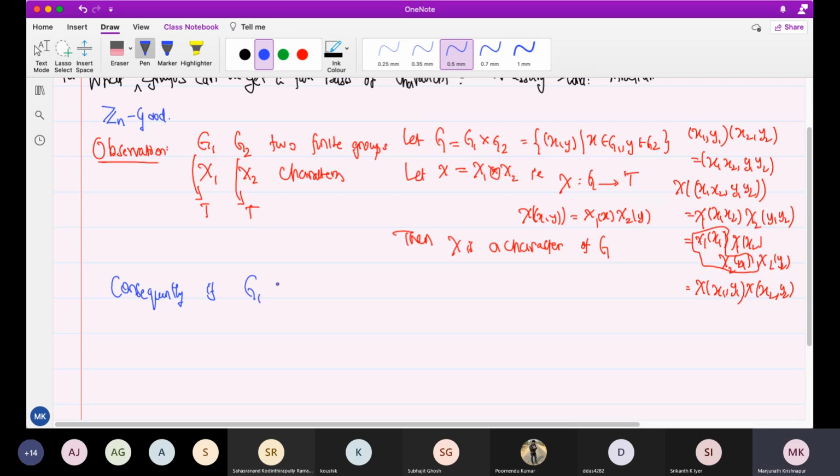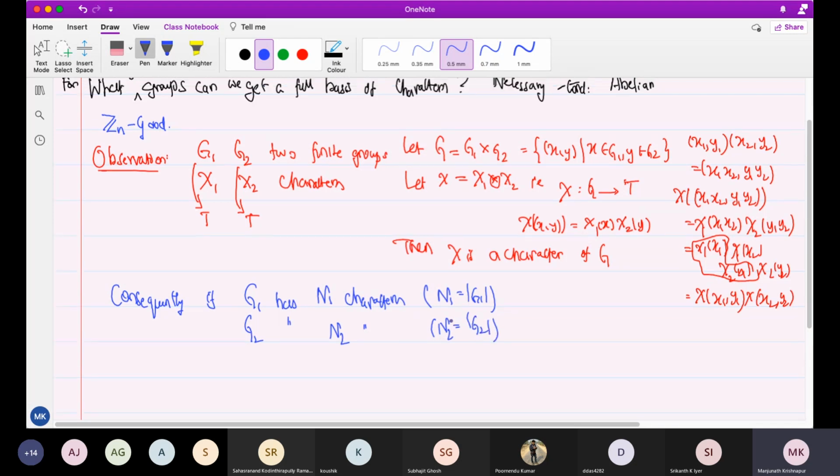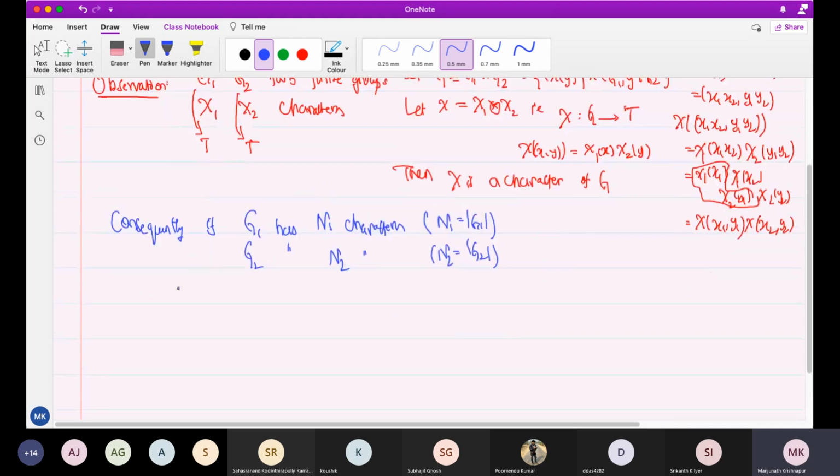If G1 has N1 characters, so N1 is the size of G1, and G2 has N2 characters where N2 is the size of G2. Suppose G1 and G2 are good groups in my sense, that is, they have a full basis of characters. Then G equal to G1 cross G2 has N1 times N2 characters.